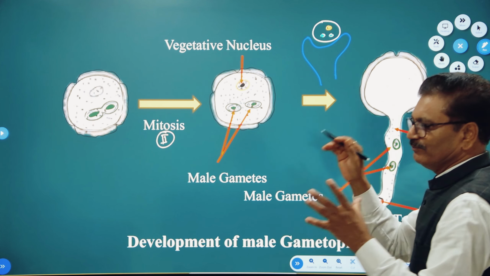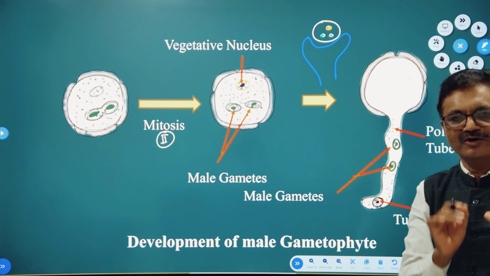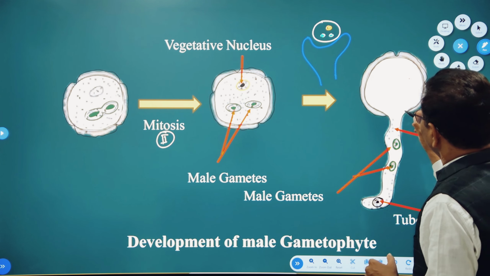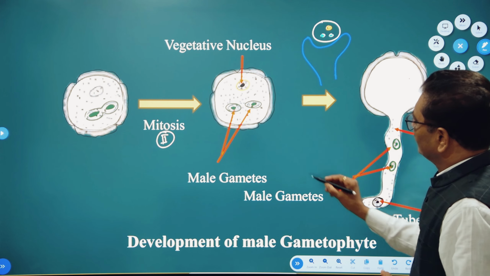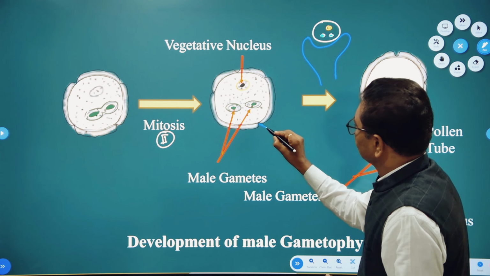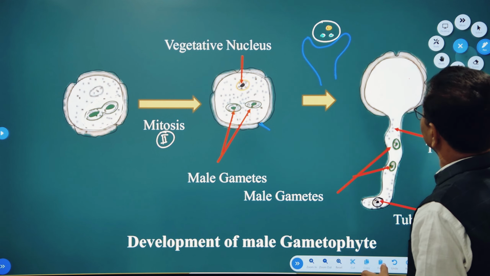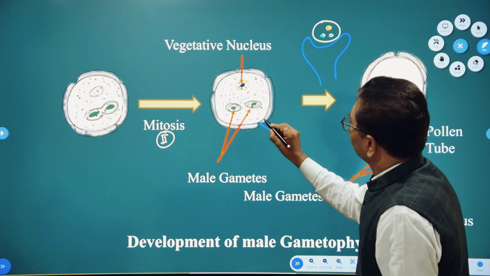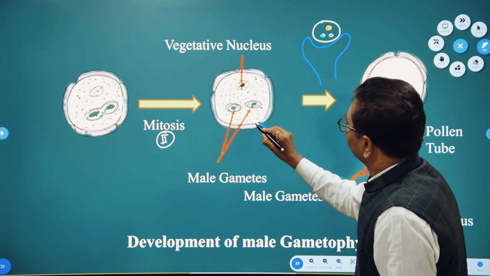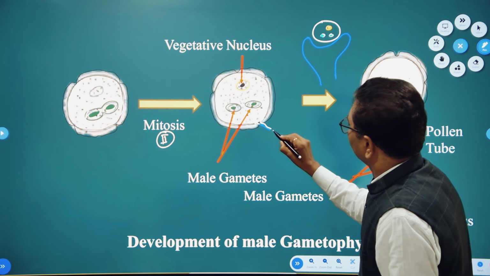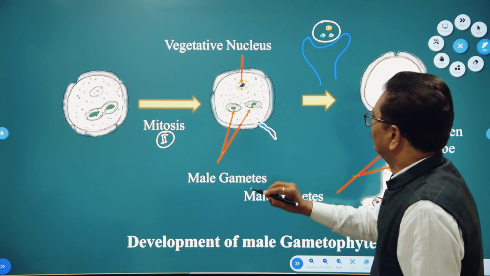So once it gets deposited on the stigma, the germ pore, this germ pore, from this area, what will happen? The inner wall, the intine, will come out and form a pollen tube. What will this be? Pollen tube.